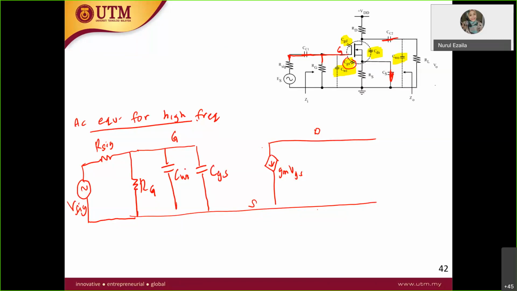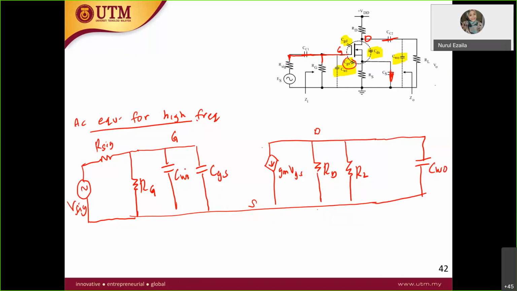Now let's go to the drain. At this drain, you have RD, and then you also have RL. Do not forget you have CW out.